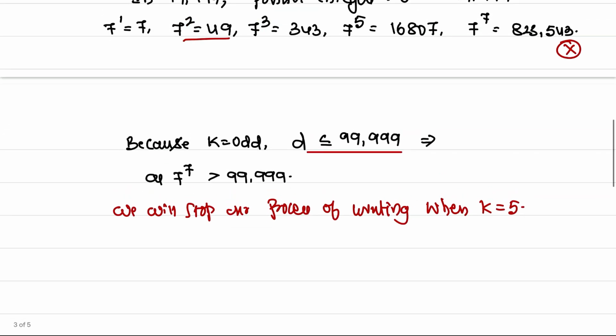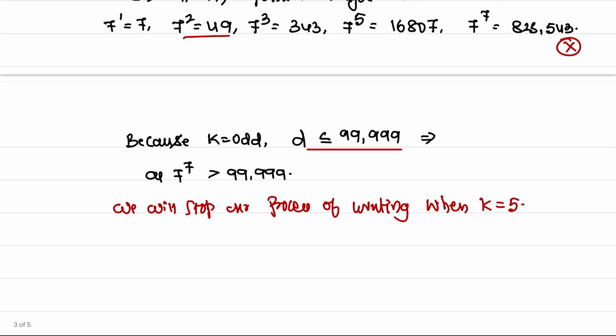Now, if there are some integers divisible by any number in a big number, how many integers will be there?